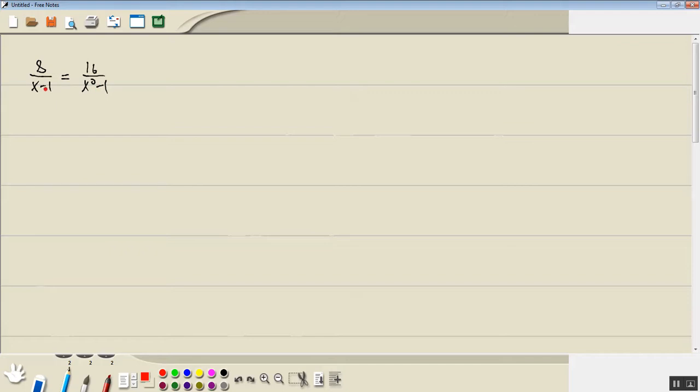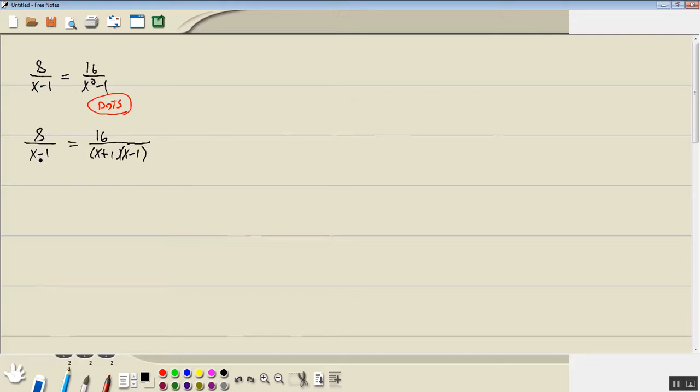First thing we need to do is factor our denominators. X minus 1 I can't do anything with, but the x squared minus 1 is the difference of two squares. So this becomes 8 over x minus 1 is equal to 16 over x plus 1 times x minus 1. Now we need to figure out what our LCM is. I start with my first factor, the x minus 1.